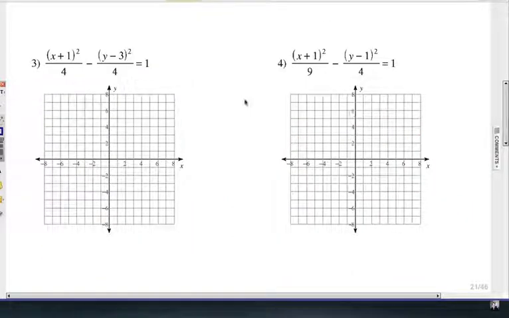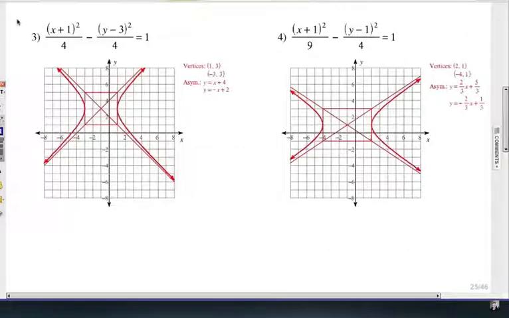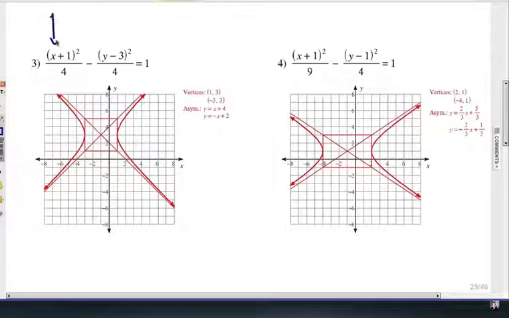Let's try a couple more. Look at 3 and 4 and see if you can graph them. Here's number 3, and let's watch the signs. x plus 1 is actually x minus negative 1, so you go back 1 from the origin, and the k value is a positive 3.